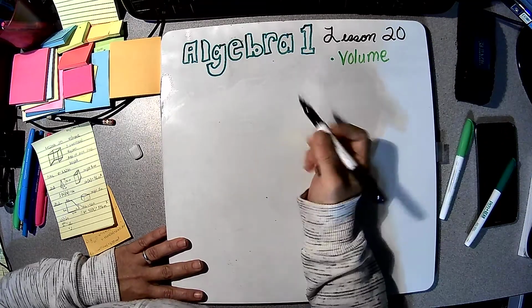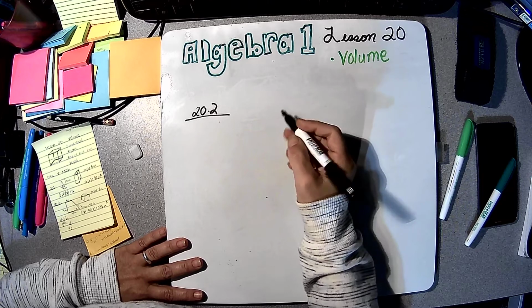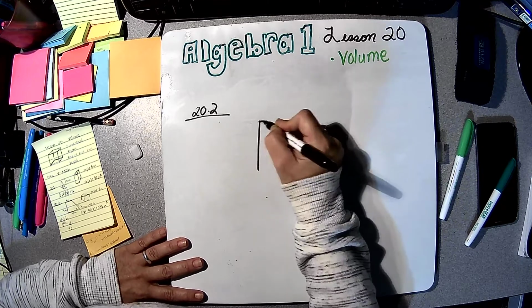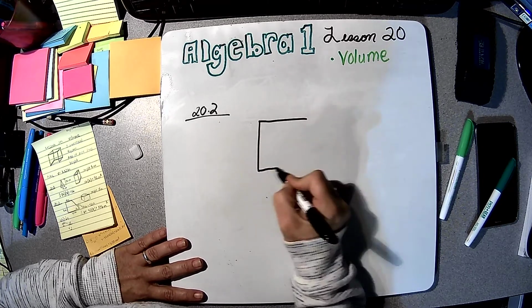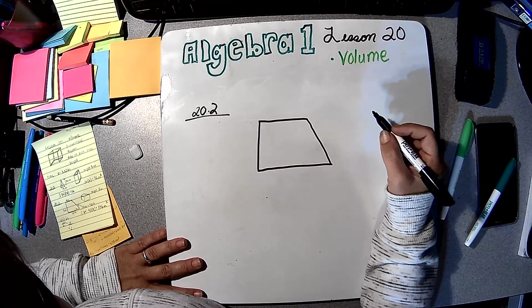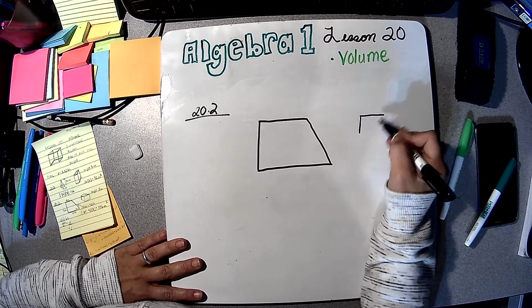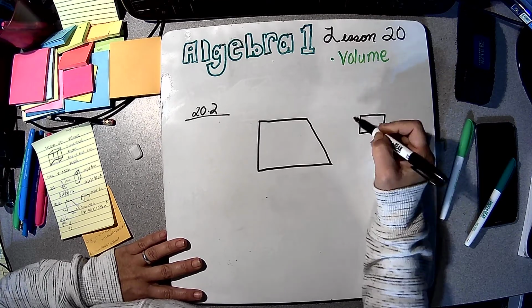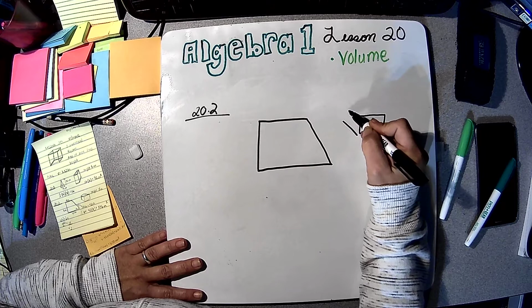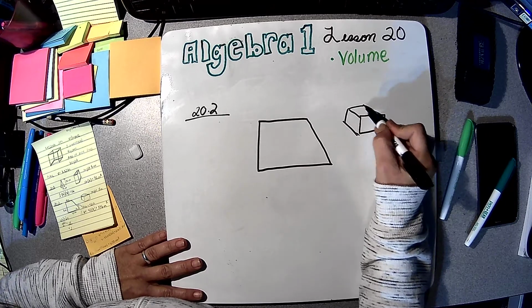Alright, let's try 20.2. This one gives you a figure like this, and it tells you that this is part of a shape that looks like that and that, and then it goes there, and then it comes back like that.